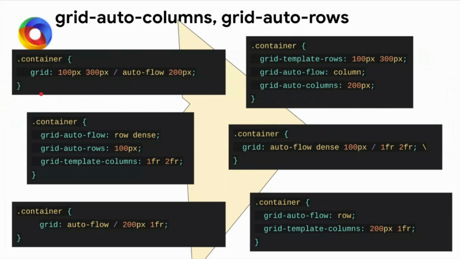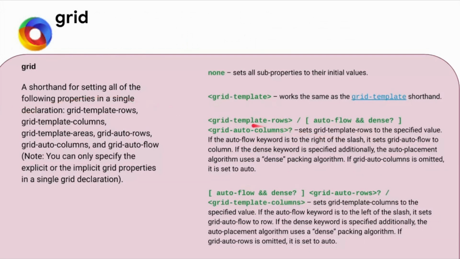So grid is a combination of some of the properties. Either you can combine grid template directly, or grid template rows with grid auto columns, or grid auto rows with grid template columns. They have not created a way to add all the 6 properties we have learned today, but it can be done in combination. The reason is that the grid area property shouldn't be compromised in any other way.